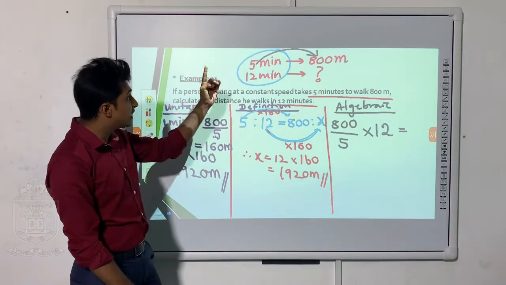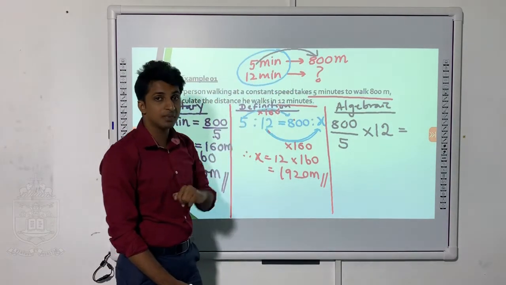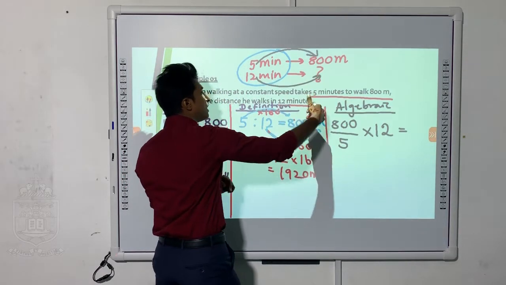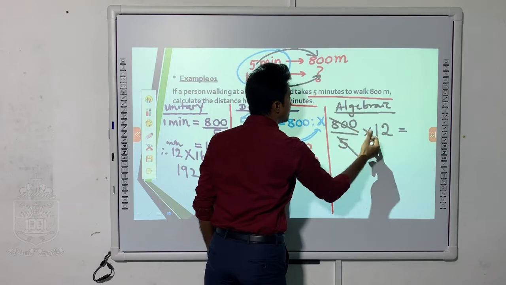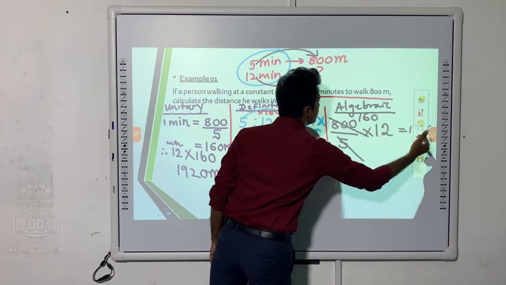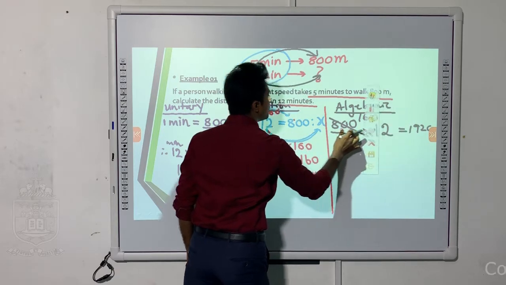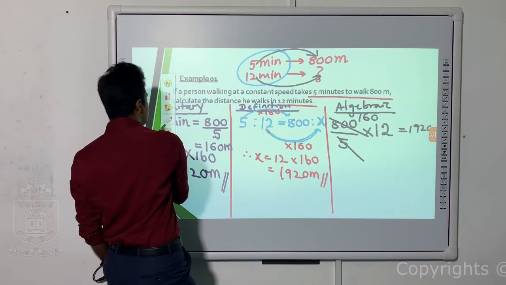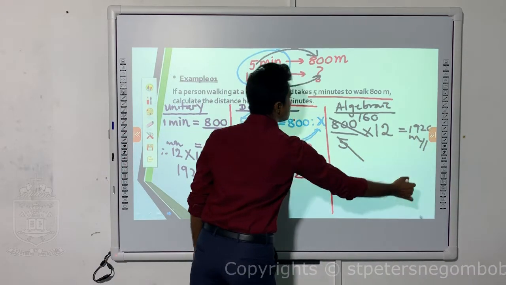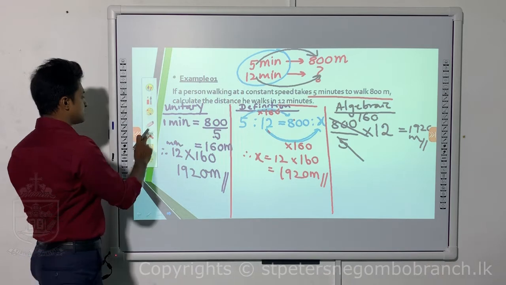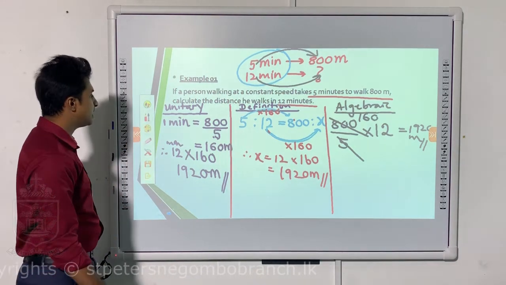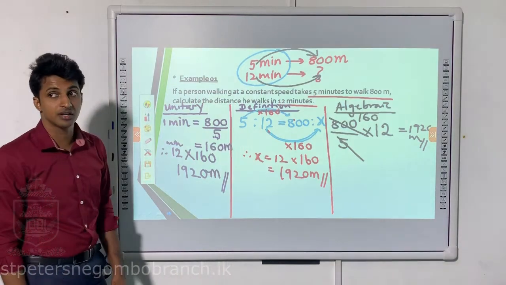That is 160 times 12, which is 1920. It's again 1920 meters. You get the same answer in all three methods.